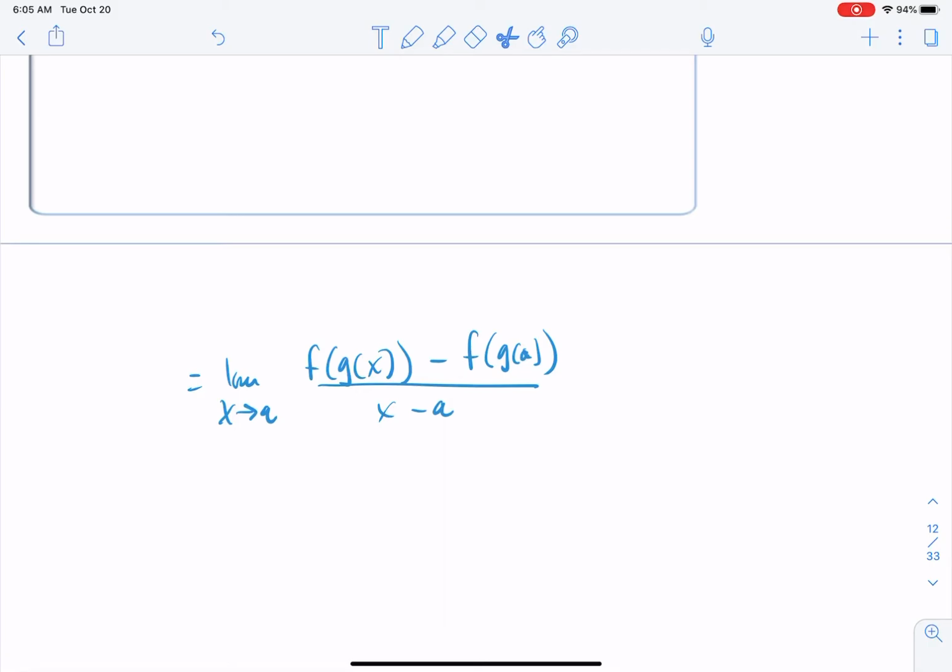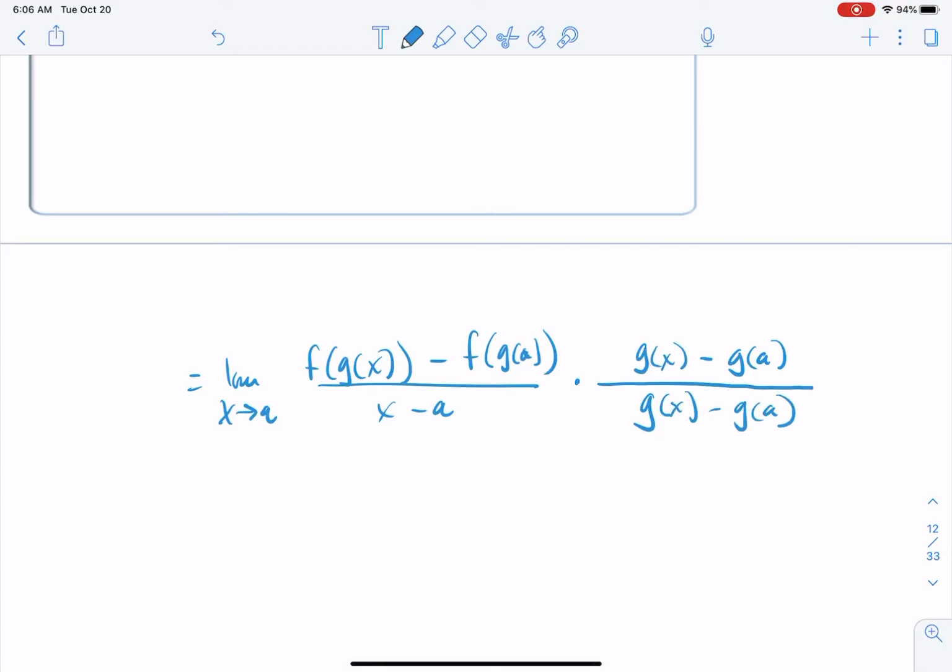One of the other things we could do, of course, is multiply by a fancy 1, and that's exactly what we're going to do here. The fancy 1 is going to be g of x minus g of a over g of x minus g of a. Again, a fancy 1.